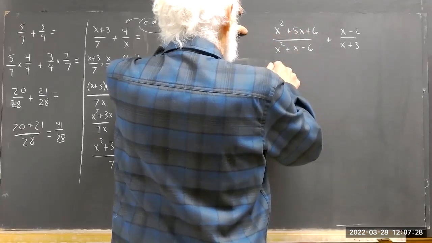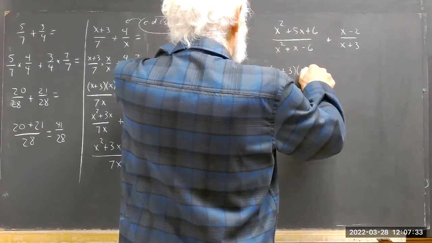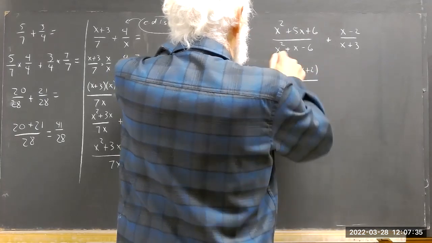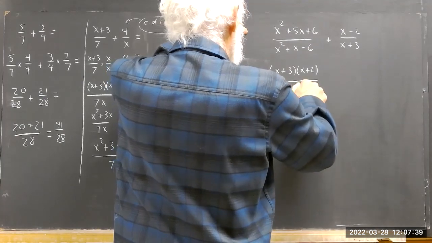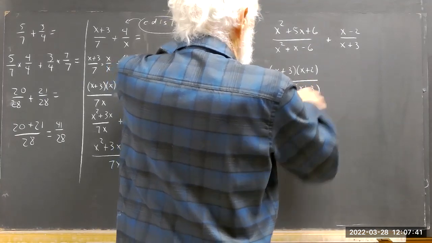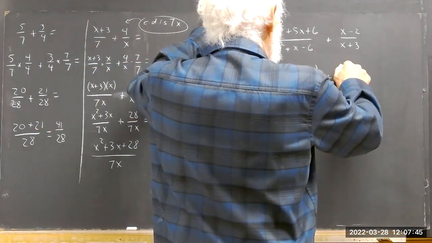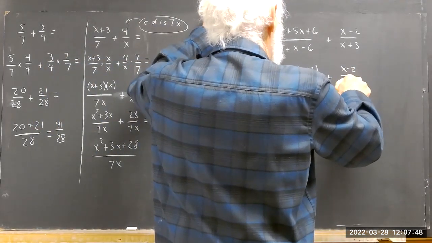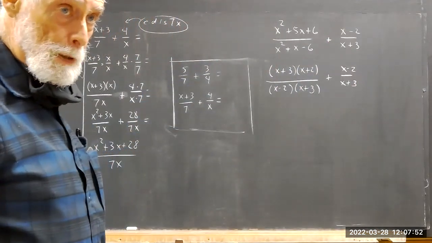X squared plus 5x plus 6 is x plus 3 times x plus 2. X squared plus x minus 6 is x minus 2 times x plus 3. And nothing factors over here, obviously.